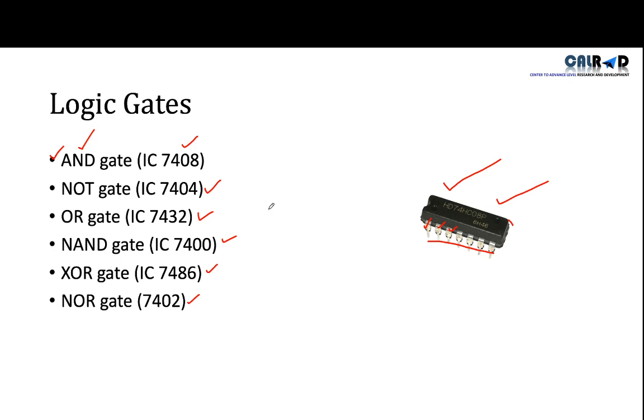Although breadboards are not available here, I will try to show you some breadboards and do our experiments on them, and I will help you see these ICs and teach you how to use them. So this is the gate. Maybe you are watching it for the first time. These are the ICs which we use for the implementation of these gates.